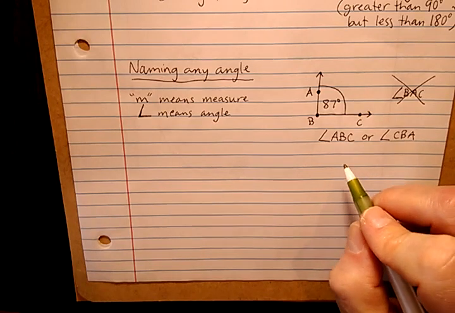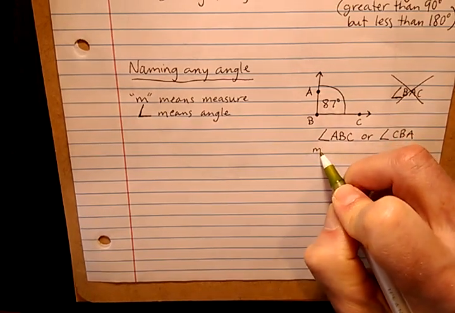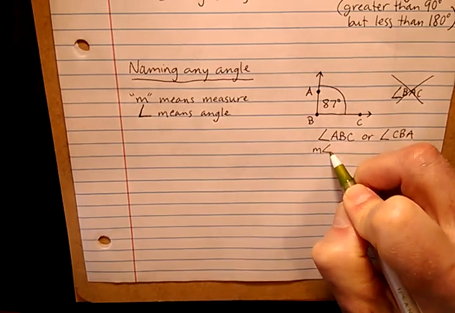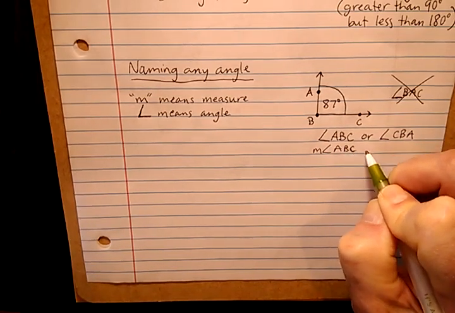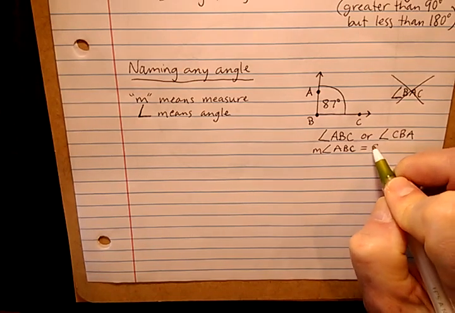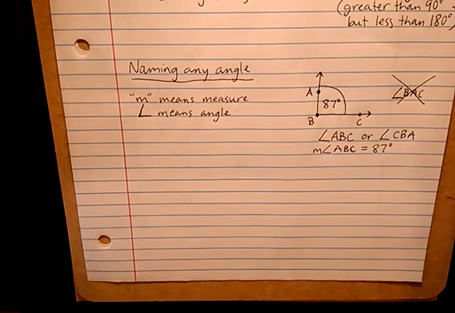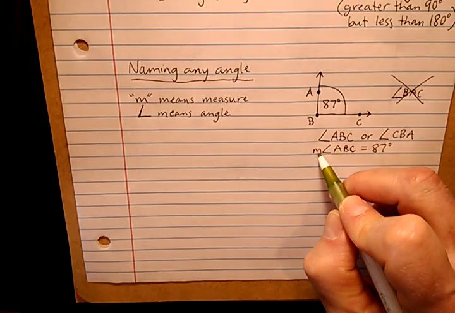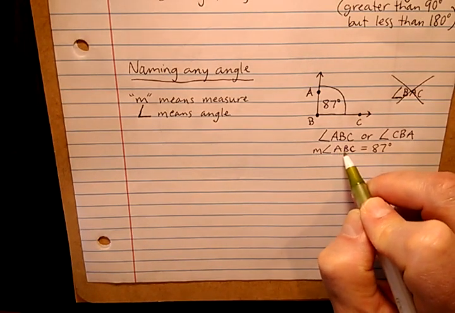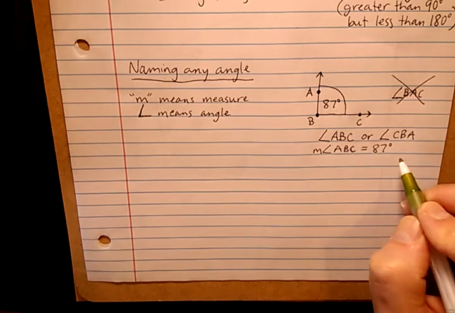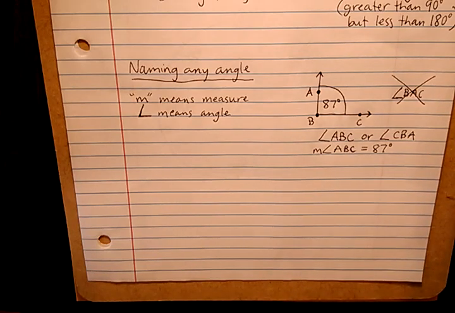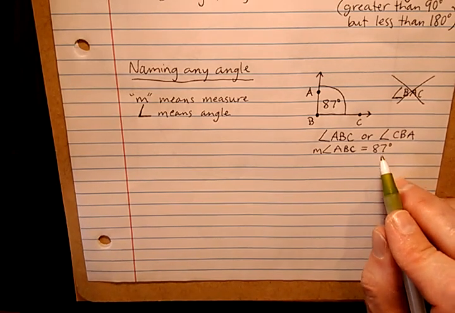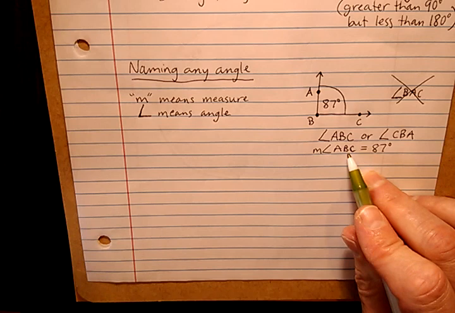And we could say that the measure, so use a little m, of angle ABC equals 87 degrees. So you can see how we're using our notation for measure and angle and the name of the angle, angle ABC. We're going to talk more tomorrow about using the degrees and the names of the angles to identify angles.